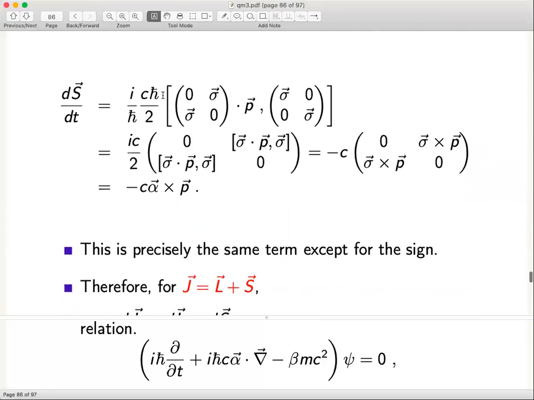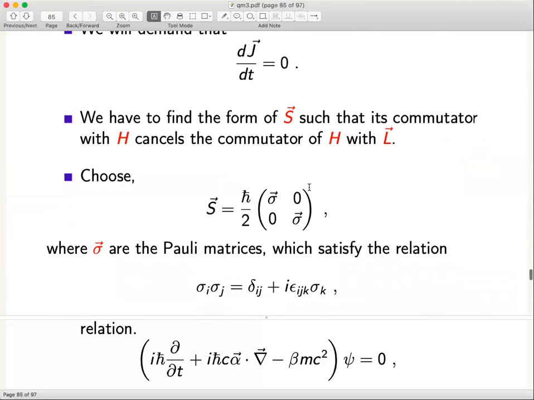Now remember that S is written in this particular form, and you know Pauli matrices have eigenvalues plus or minus 1, right? So S would have eigenvalues ħ/2 with plus or minus sign. Two eigenvalues are ħ/2, two eigenvalues are minus ħ/2.